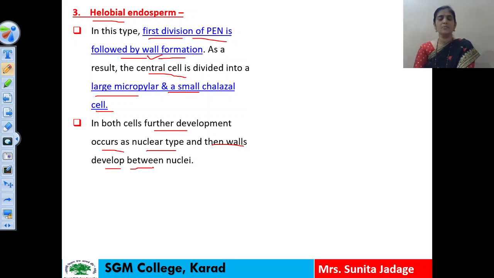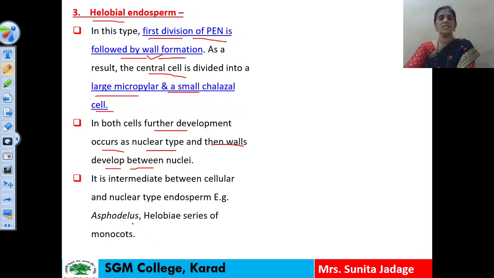Hence such an endosperm is intermediate between the cellular and nuclear types, because at first it looks cellular, but afterwards it forms free nuclei, and then cell walls form. Examples are Asphodelus or the Helobiae series of monocots. These plants particularly show the developmental stages of helobial endosperm.